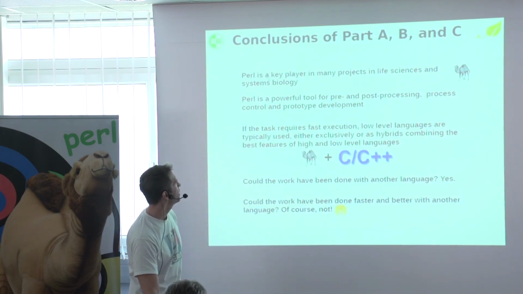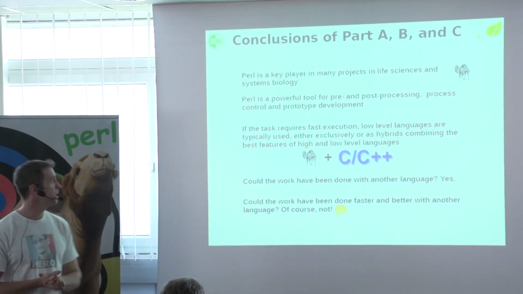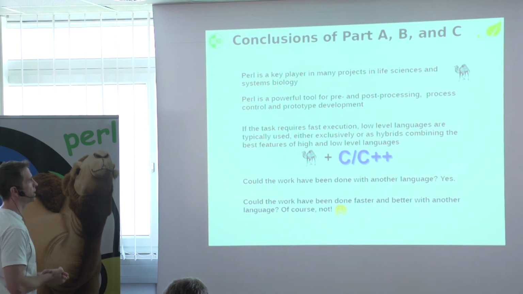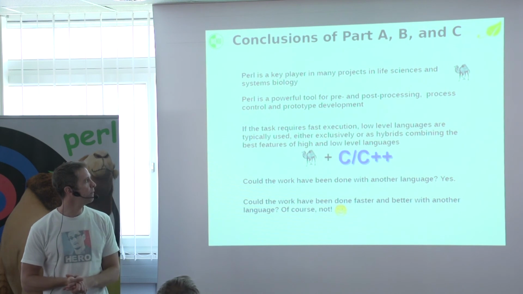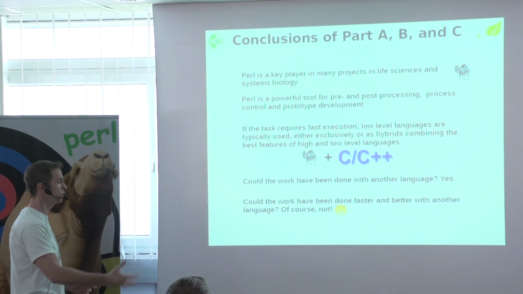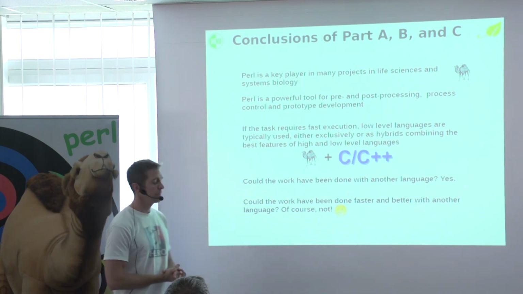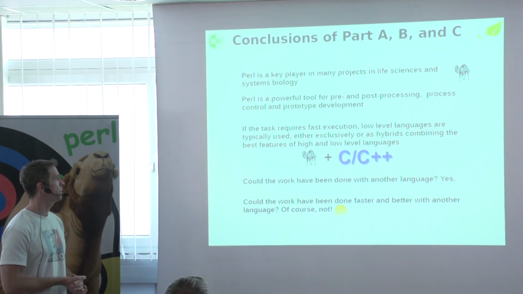So this brings me to the conclusion of all three parts. As you might have seen, Perl is a key player in many projects in life sciences and systems biology. Perl is in particular very powerful in pre- and post-processing, in process control, automation, and we also use it a lot for prototype development, testing new algorithms.